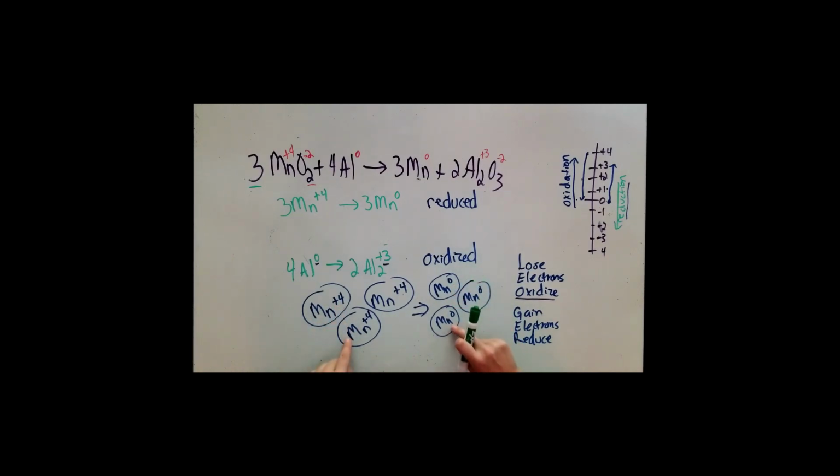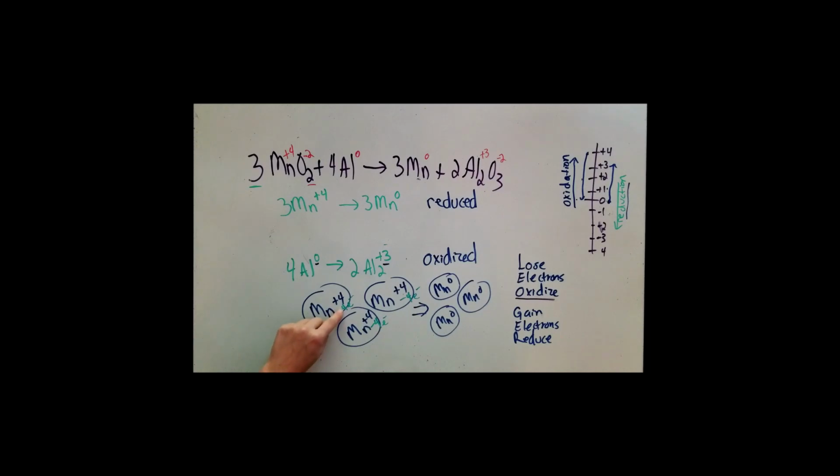But I have 3. So I need 4 electrons to go from +4 to 0 here, 4 electrons to go from +4 to 0 here, and then 4 electrons there as well. Okay, so I need a -4 here, a -4 here, and a -4 here, all to get to these zeros. So how many total electrons is that? Because this -4, that's representing the electrons.